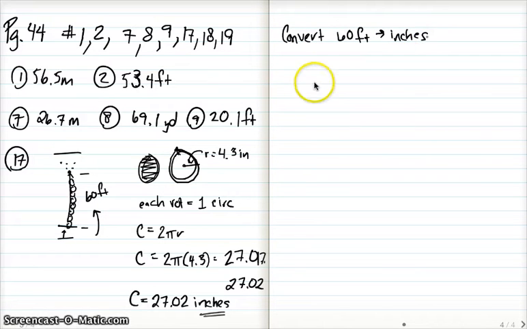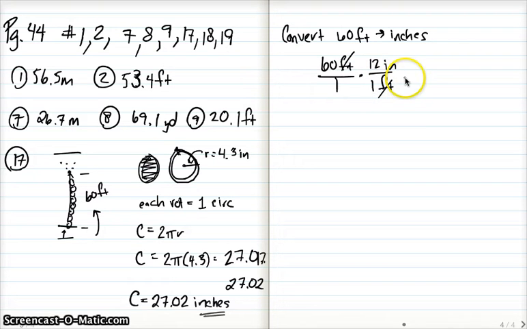Now remember, how do we do this? Well, we can set up dimensional analysis, or you can just recognize that there are 12 inches in 1 foot, and you can just multiply, but this is how the units cancel out. You'll do 60 times 12, and that would give you a distance of 720 inches that this bowling ball has to travel.